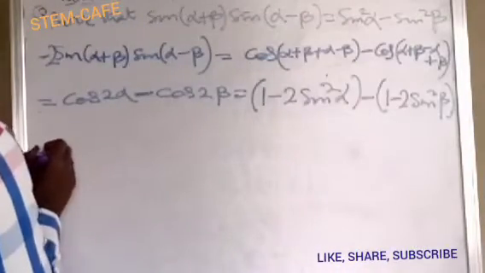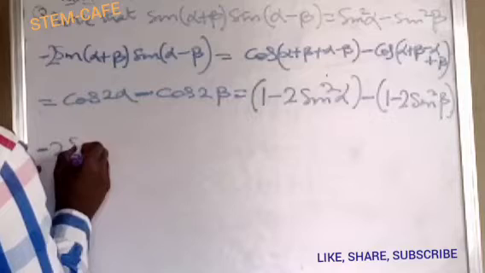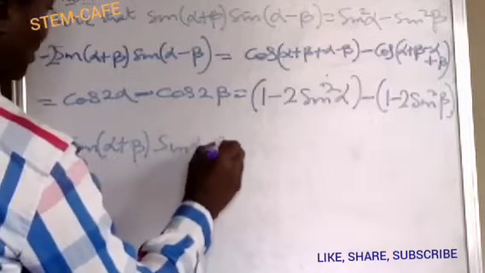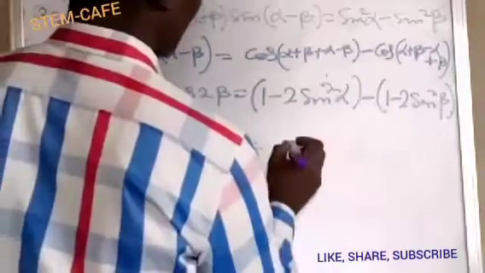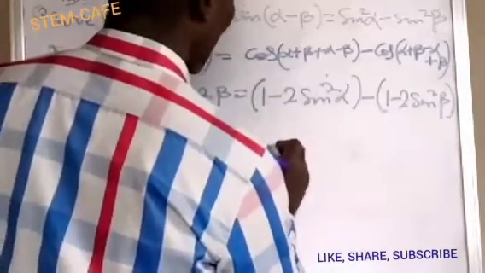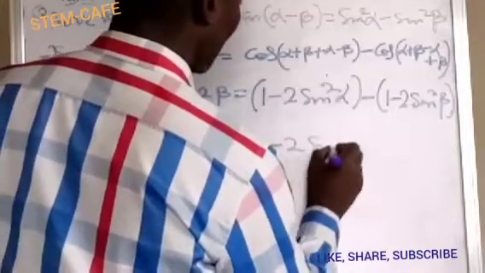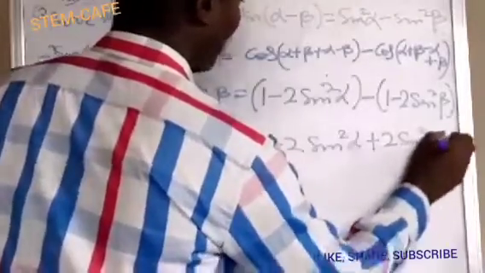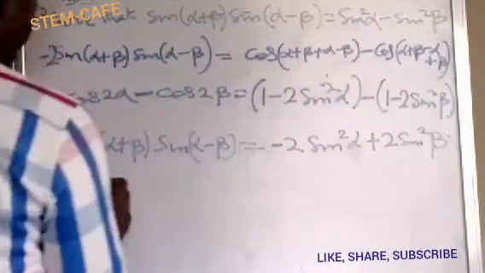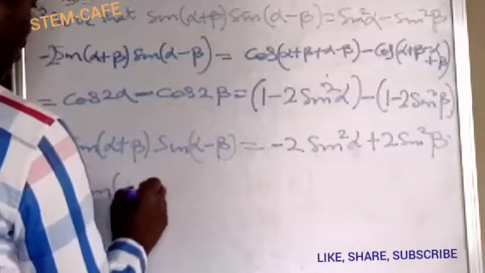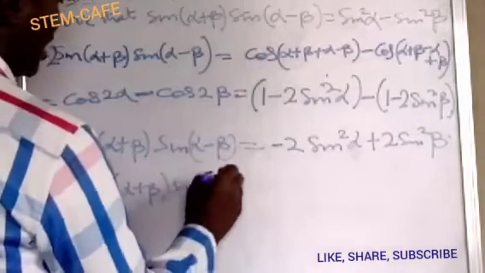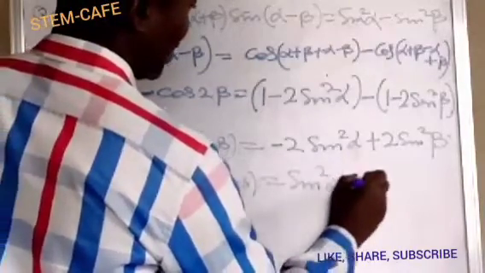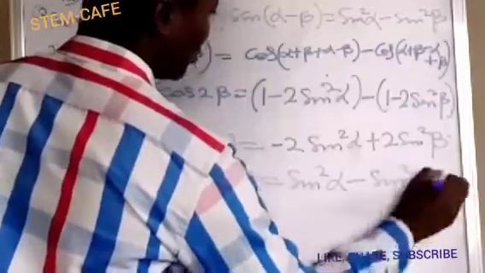So minus 2 sine alpha plus beta sine alpha minus beta is equal to minus 2 sine square alpha plus 2 sine square beta. Dividing through by minus 2, sine alpha plus beta sine alpha minus beta is going to give me sine square alpha minus sine square beta. Thank you.